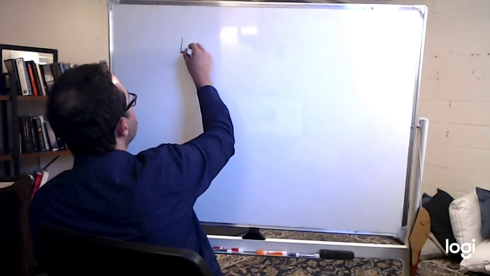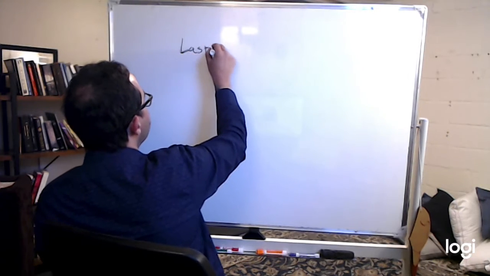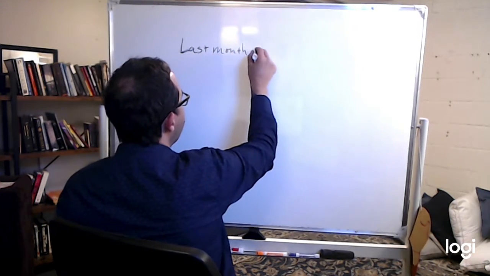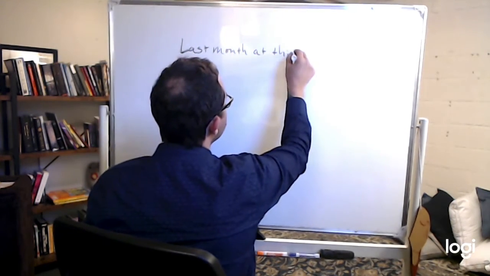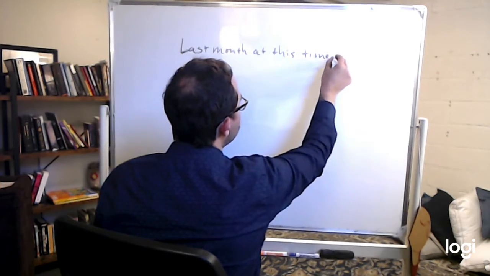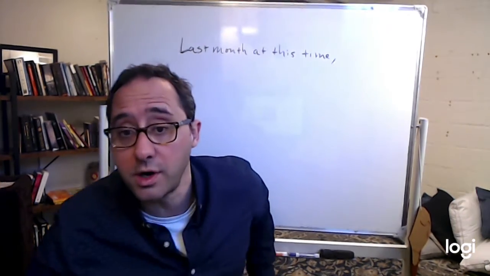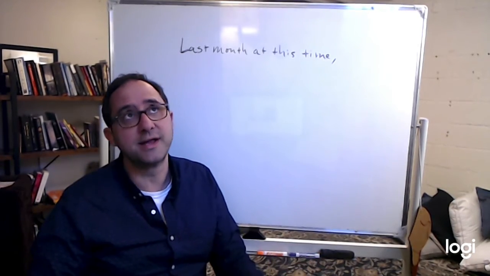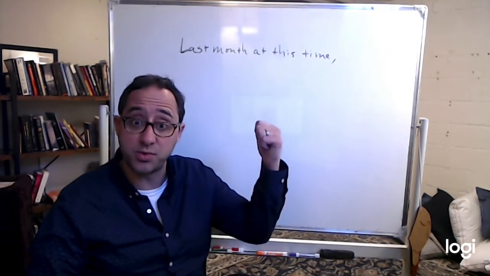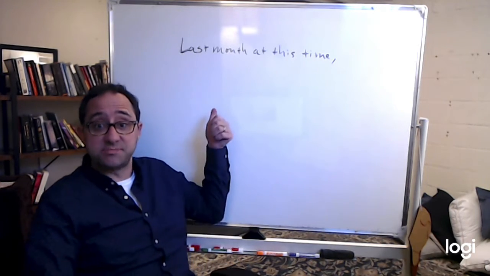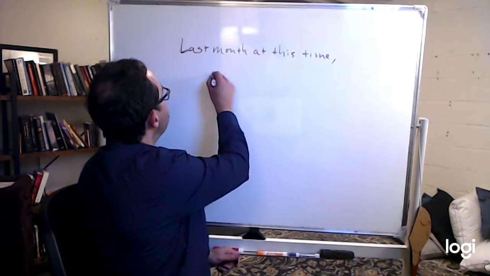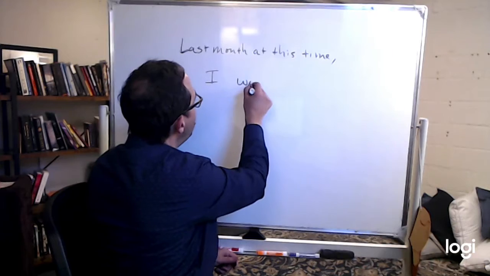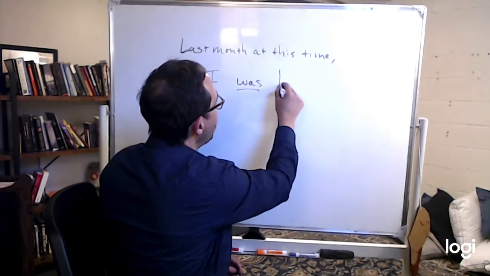Last month, at this time, you're thinking back, you're talking about where you were last month at this time. Maybe you were at work and you're thinking, oh, I wish I wasn't at work. I wish I was where I was a month ago. Last month at this time, I was hiking.